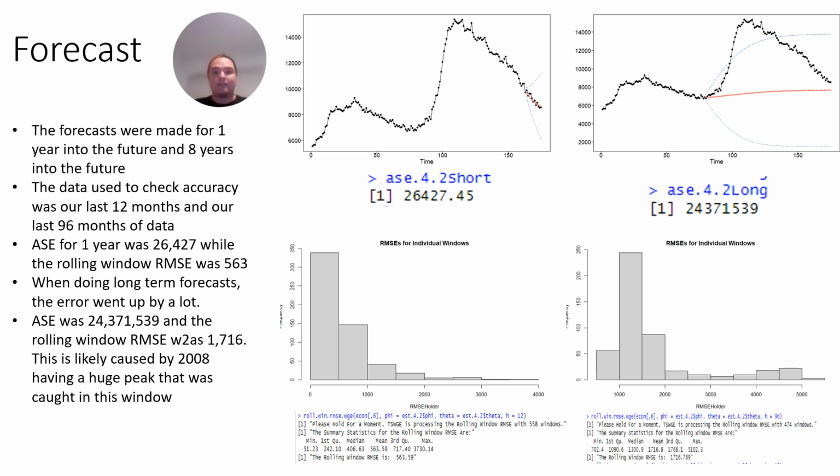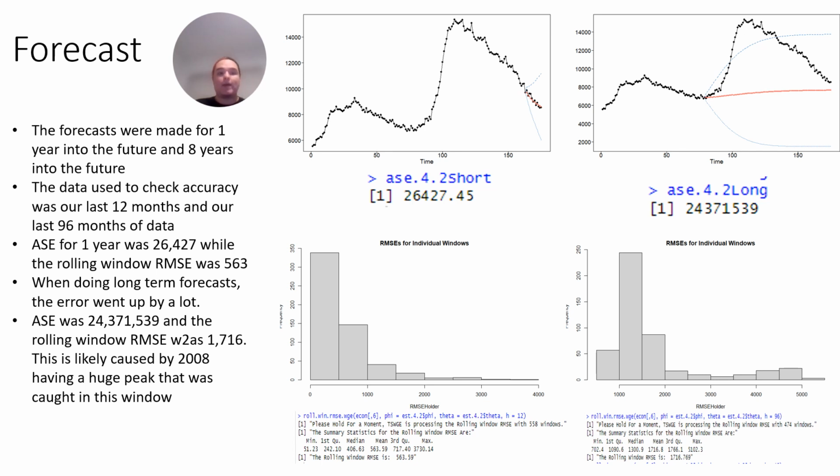Onto the actual forecast. The forecasts are something that we expected to be off if we were doing long-term forecasts as opposed to very short-term forecasts, just because of that 2008 peak. But we chose to include that peak in one of the estimations just to see how much it would affect the forecast.